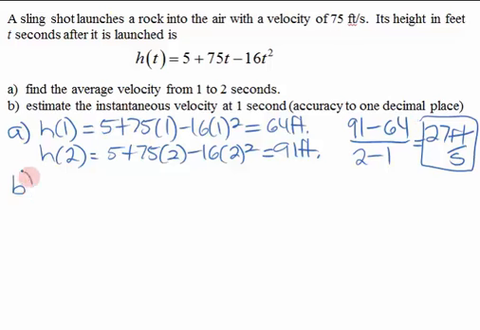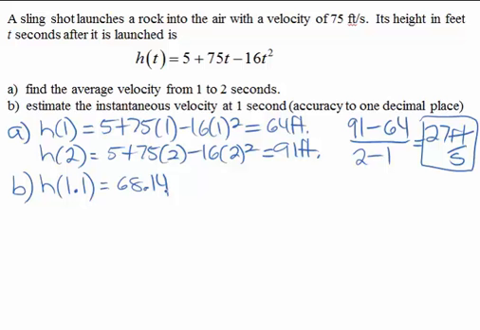Now, as we work on an estimate for instantaneous velocity, I am first going to find the height at 1.1 seconds. In order to do that, I'm going to grab the calculator and put in 5 plus 75 times 1.1 minus 16 times 1.1 squared. And it looks like for that height, I get 68.14.